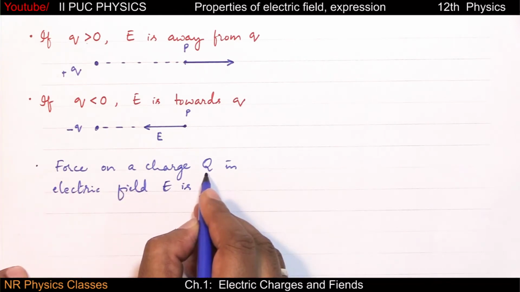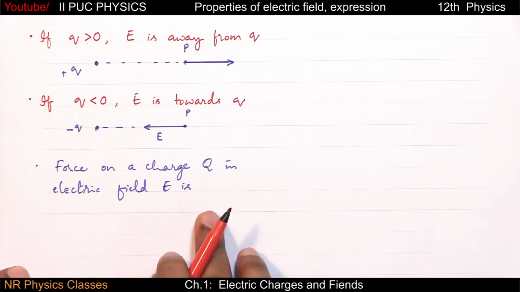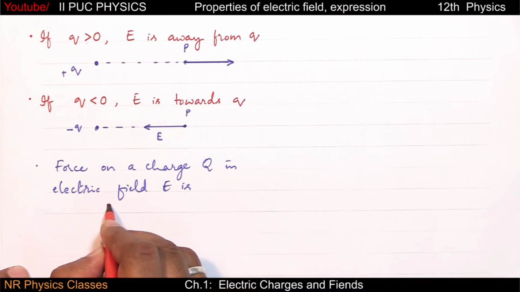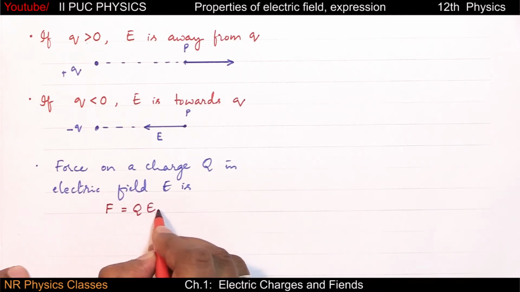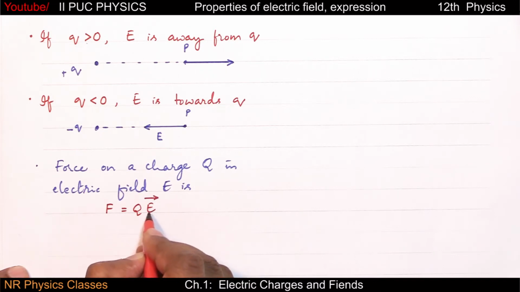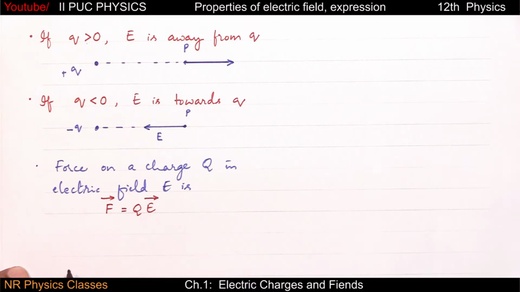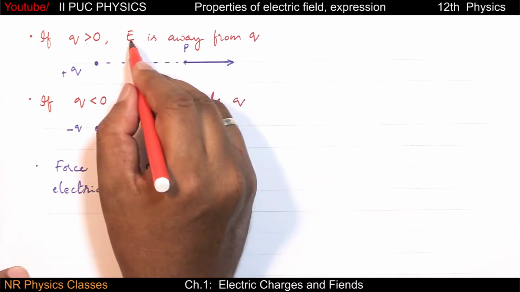Force on a charge Q in electric field E. If there is some electric field, and in that electric field we keep Q, then it experiences a force. And what is the force? Force equals Q times electric field. So the direction of electric field is the direction of force, or the direction of force is the direction of electric field.